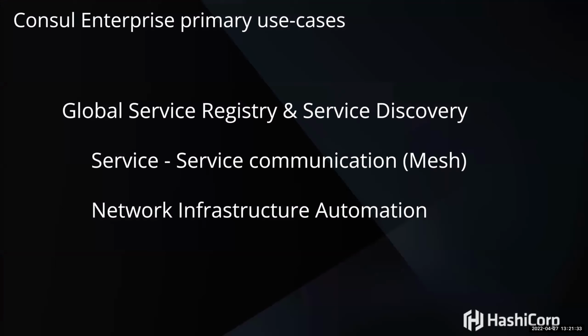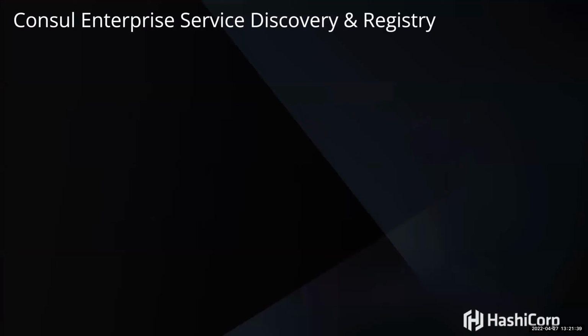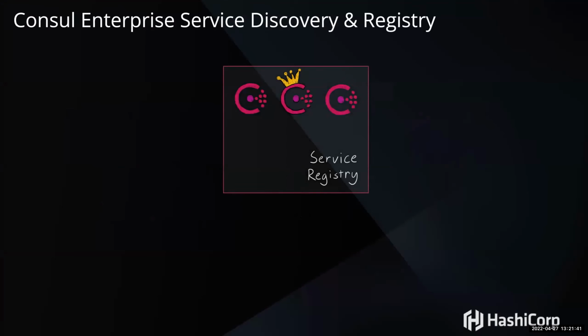So if you have a load balancer or a firewall, can we make config changes to those elements using this global registry? All right, so when we talk about the global registry, Consul is a client-server model. Here, what I'm describing in this magenta box is a Consul data center, which contains a set of servers. In this case, we have 3 Consul servers.